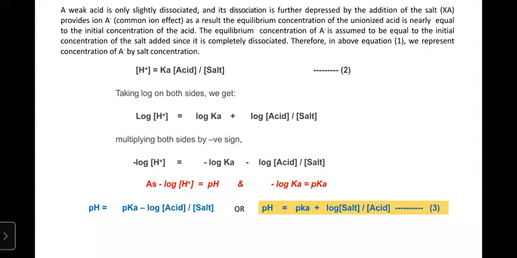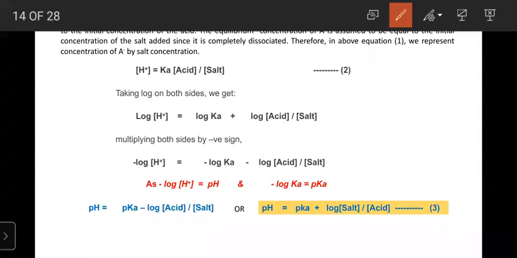Just interchange this one: since acid by salt had a negative sign, salt by acid becomes positive. So that is log of salt by acid.